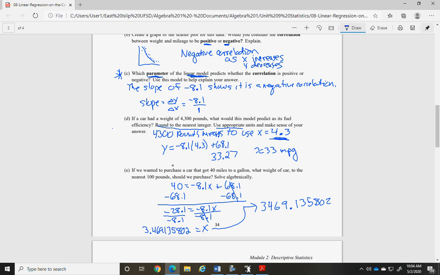But do you see how it says round to the nearest 100 pounds? Here's the hundreds place. This 6 rounds the 4 up. So when I round to the nearest 100 pounds, I get 3,500 pounds.